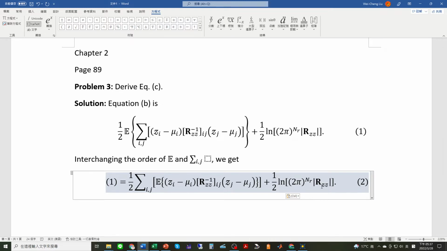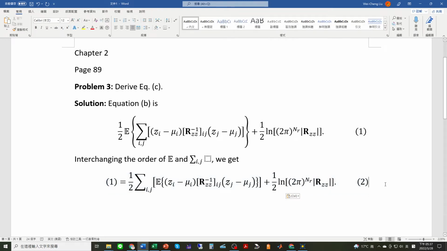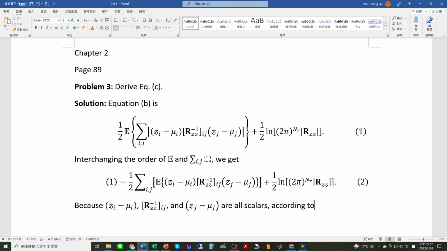So next, because zi minus mu i, and Rzz inverse ij, and zj minus mu j are all scalars, according to the commutative property.